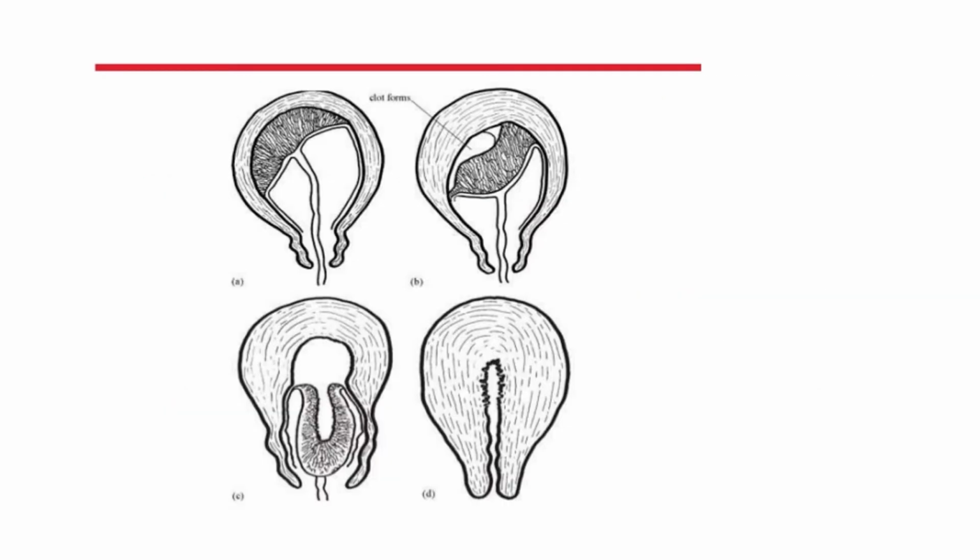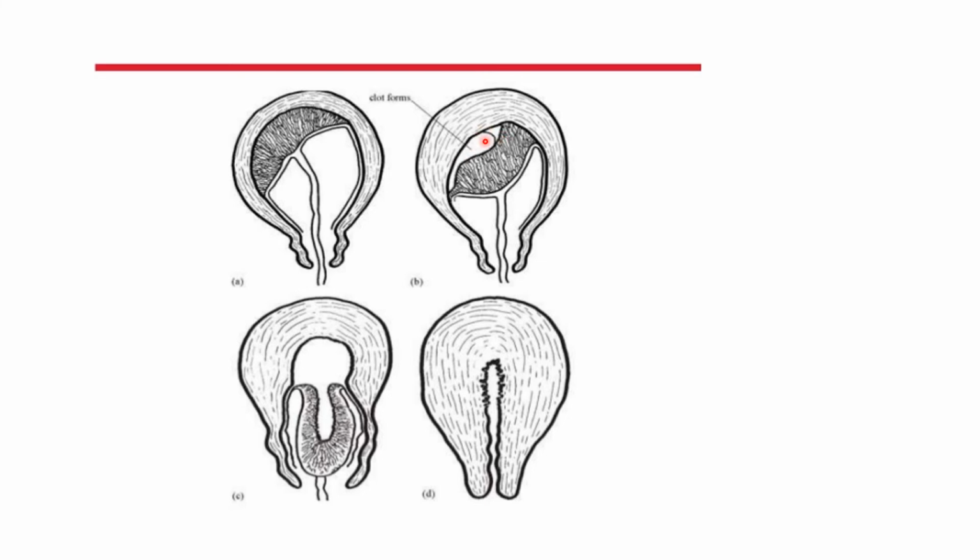So here this portion of the placenta will be contracting, the uterus will be contracting. So when the uterus is contracting, the blood vessels of this area also will get squeezed, and the blood will enter into this space, and the blood which is entering over this space will form a clot.